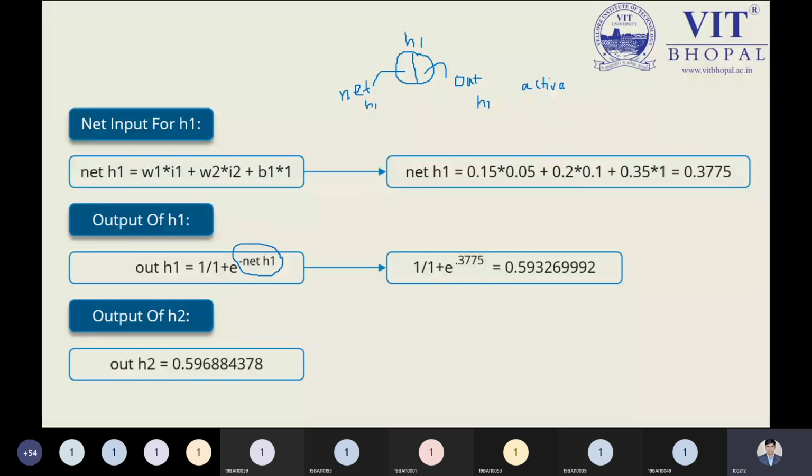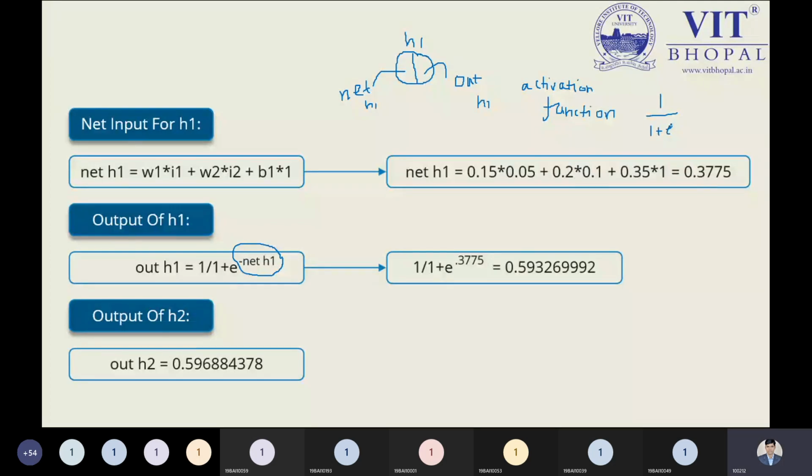Okay. So which activation function am I using right now? I'm using the sigmoid, which is a logistic function. So when I'm using the sigmoid or logistic activation function, what is the formula? It's a very simple formula. I'm once again writing 1 upon 1 plus e to the power minus x.